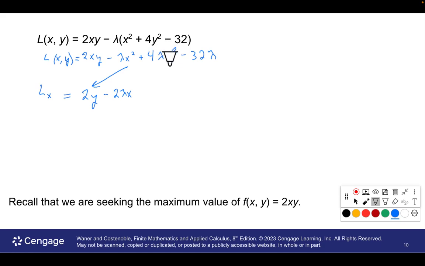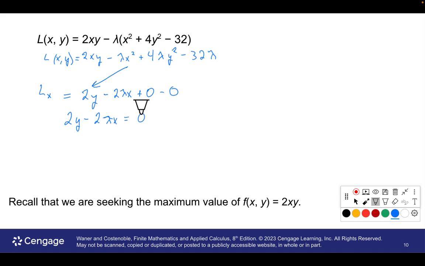The derivative of 4 lambda y squared is 0, because those are all constants, and the derivative of negative 32 lambda is also 0. So we have a nice simple function for L of x. We take 2y minus 2 lambda x and set that equal to 0.